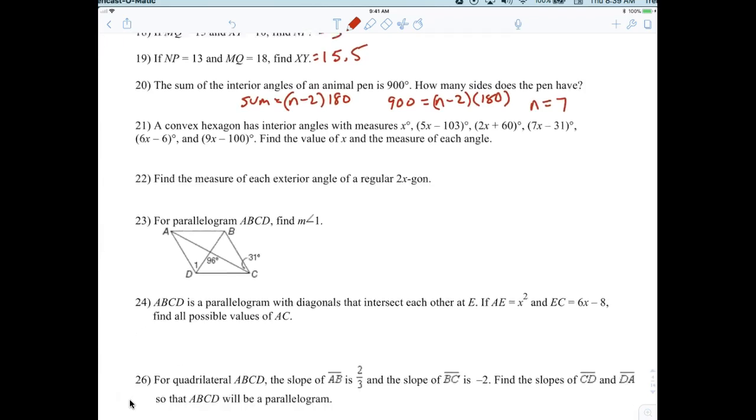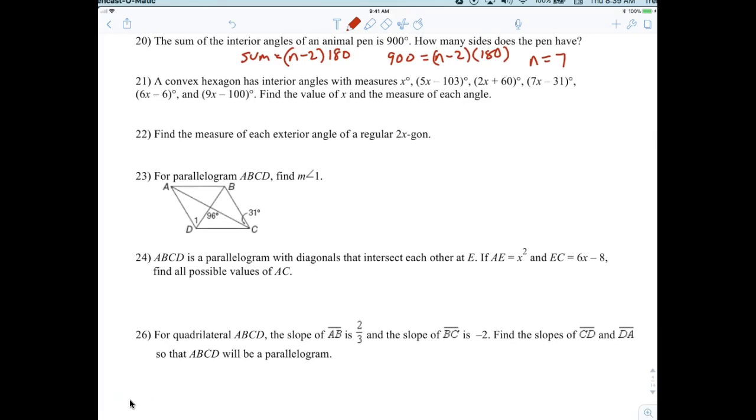Now it says a convex hexagon has those measures. A hexagon is how many sides? 6. So 4 times 180, the angles add up to 720. Does everybody agree with that? Now to me it's just easier to add up the x's, right? 6, 8, 15, 21. Everybody else get 30x?